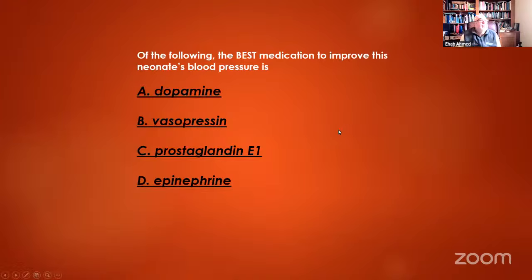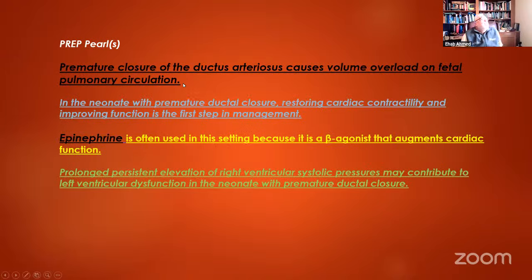Okay, so the correct answer is D, and we're going to see why. Premature closure of the ductus causes volume overload on the fetal pulmonary circulation. The pulmonary circulation at birth is not ready to receive a good amount of blood from the right ventricle, still transitioning between fetal life and postnatal life.